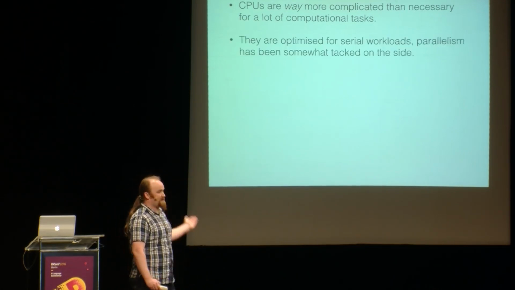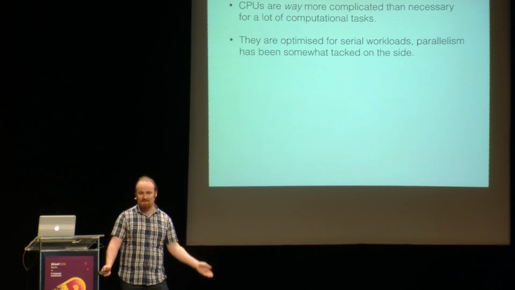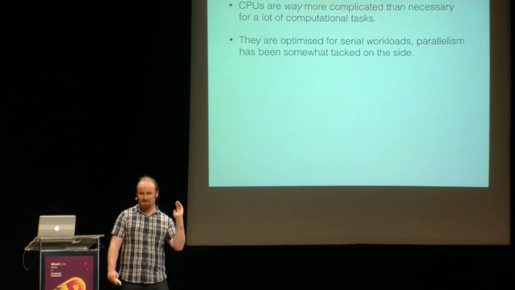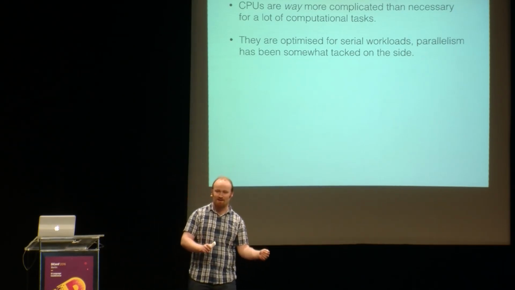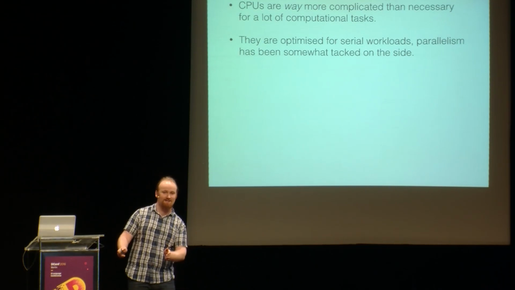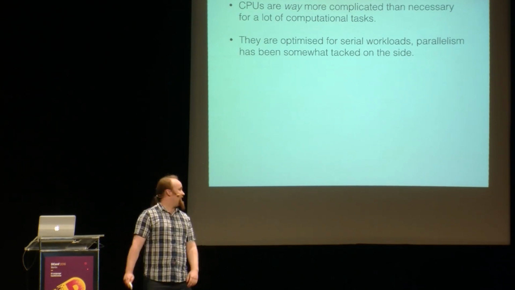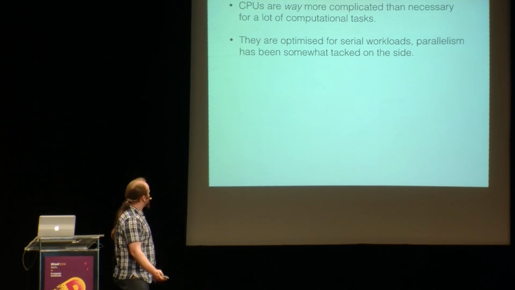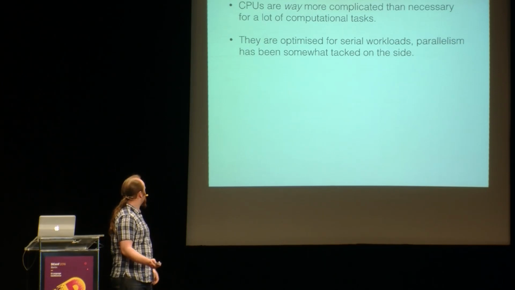Serial workloads was always the primary goal of our thinking on x86. It's always been straight line speed, and then the parallelism stuff has been tacked on the side. You go, oh, let's have some vector registers, let's put multiple cores on a chip and do good interconnects, but it's never been the primary goal of them, right?